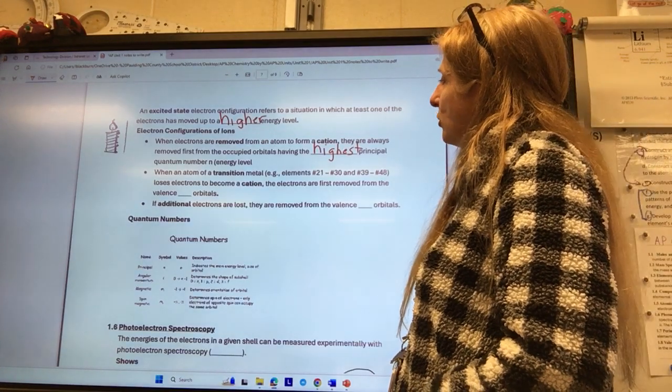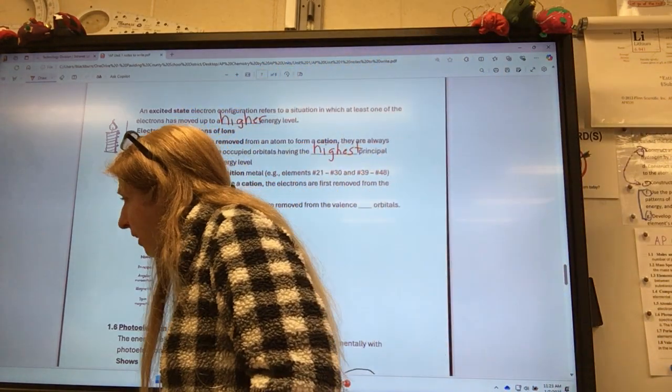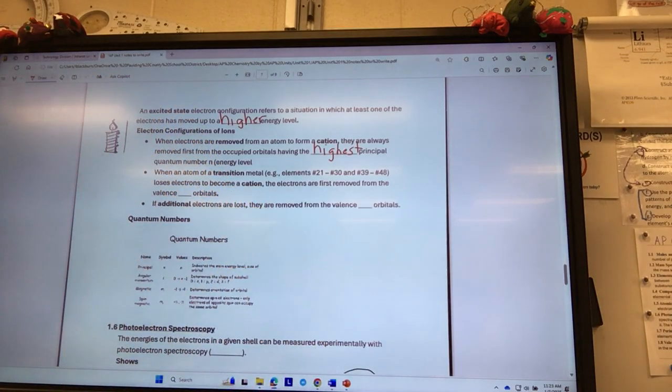When an atom of a transition metal, so do y'all remember what the transition metals are? It's the ones that are in this rectangle right here. These are our hippies, our metals who let their electrons run wild and free. They're shiny, they can conduct electricity.